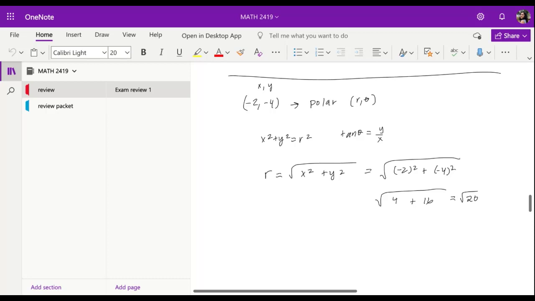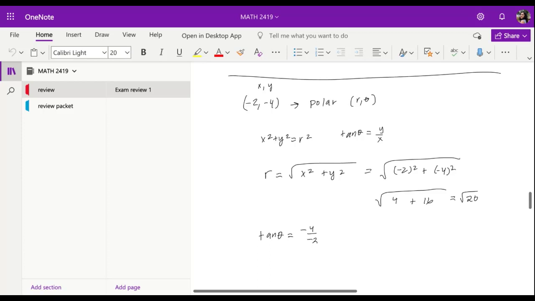To find theta, we have tan theta equals y over x, so negative 4 over negative 2. We simplify that and basically get theta equals arctan of 2.